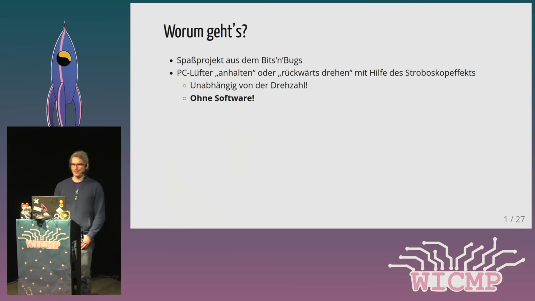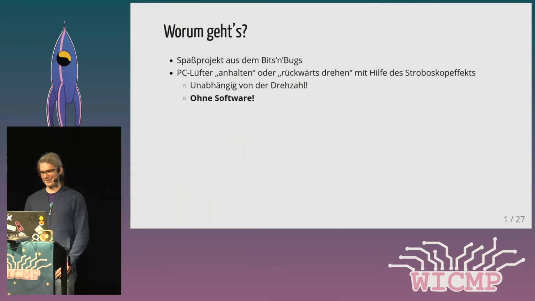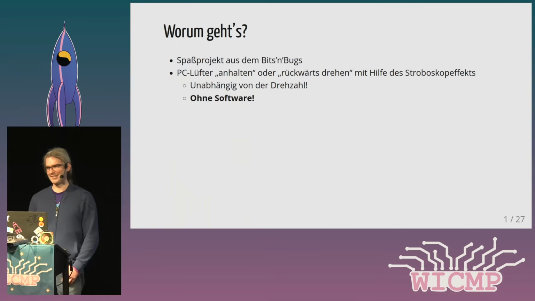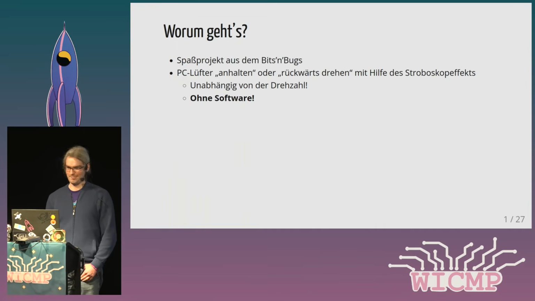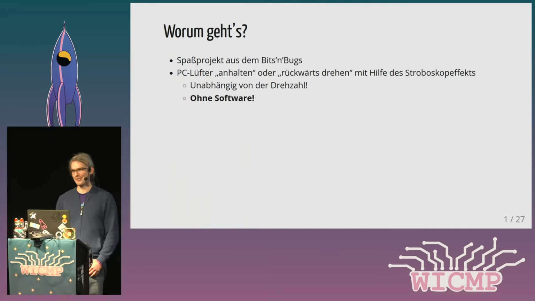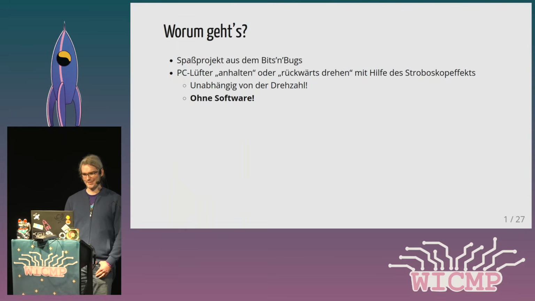This is about a project that has been developed here at the Bits and Bugs. A few weeks ago, a few people were working with a fan and some measurement devices, and they played around with the strobe effect, and they tried to make this fan appear still.